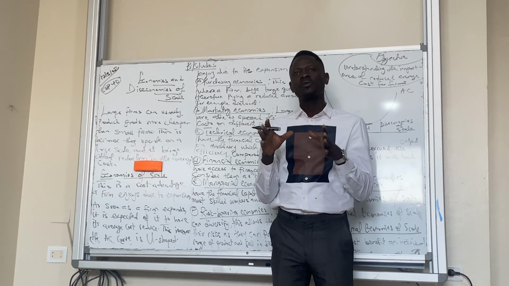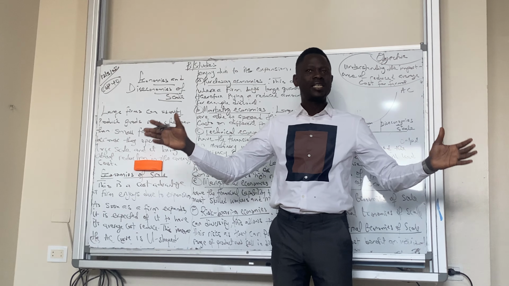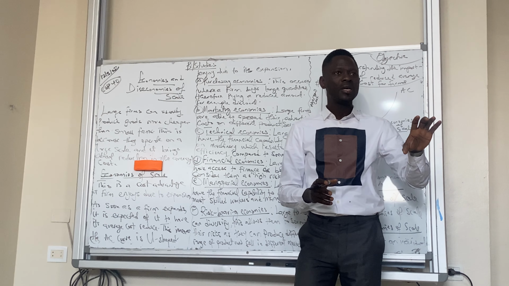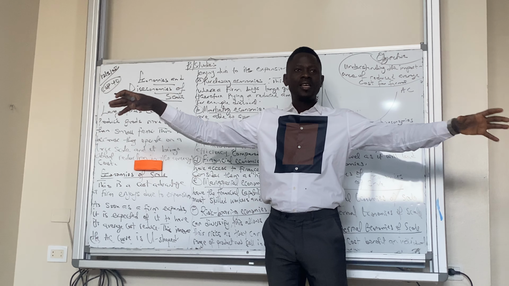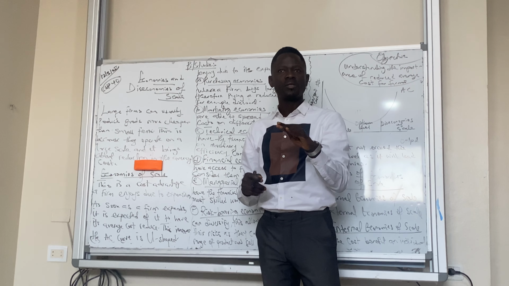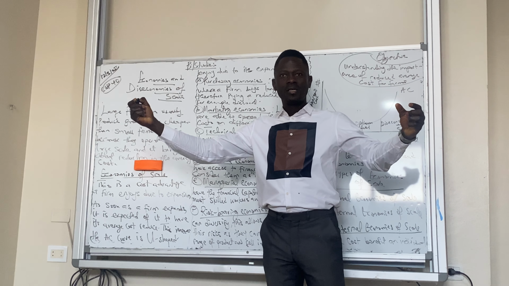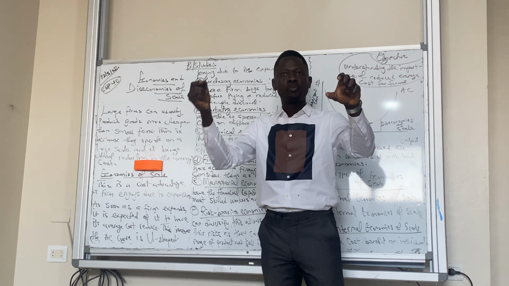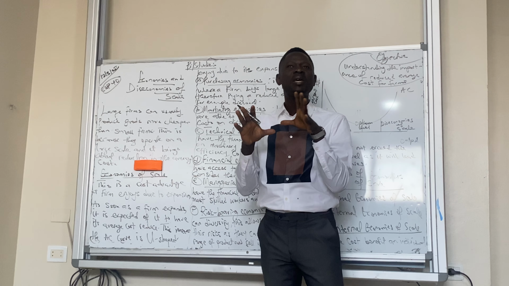So when we talk about economies of scale, it's all about the ability of firms to operate on a larger scale. As soon as you operate on a larger scale, it allows you to spread your cost on those scale of production, and that brings about a reduced average cost. So when we talk about economies of scale, because you are expanding, the cost on each product you produce starts reducing. That is the brain behind economies of scale.